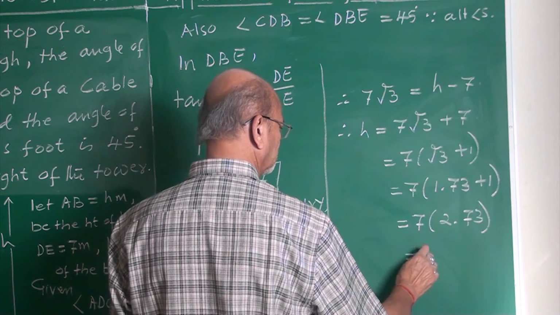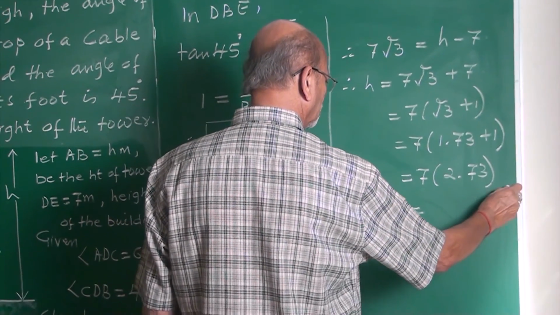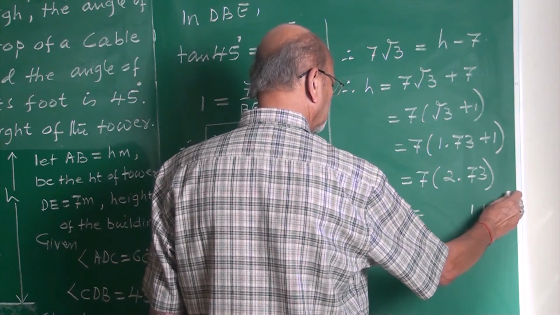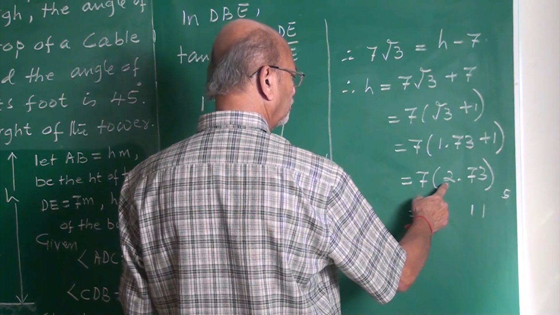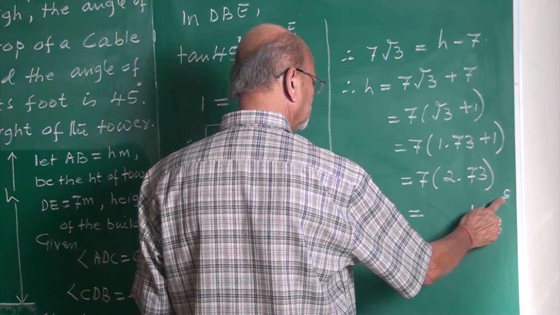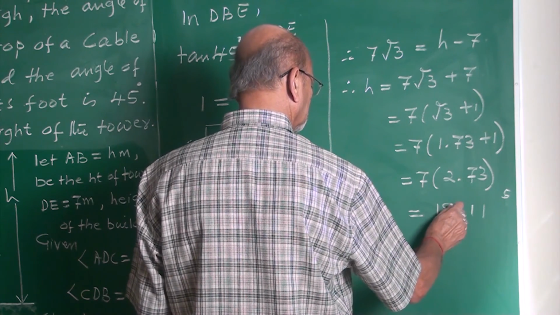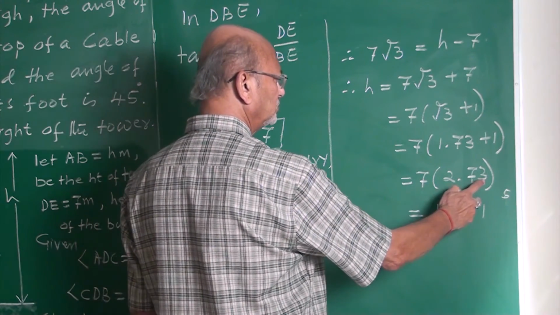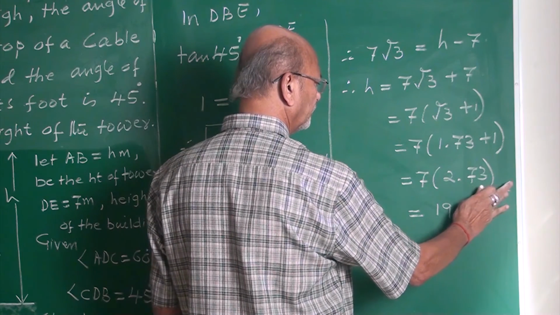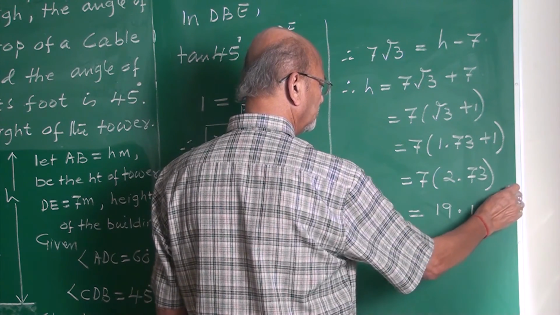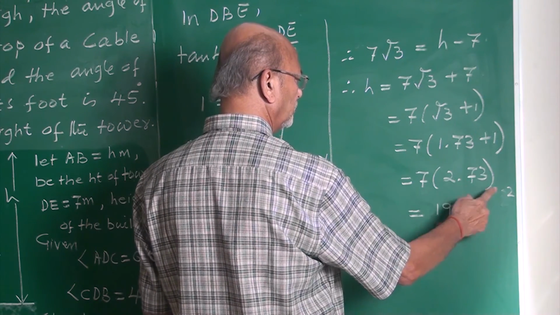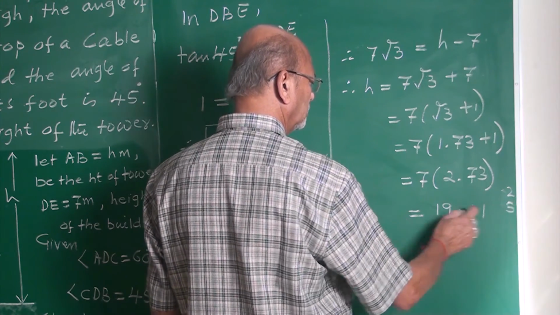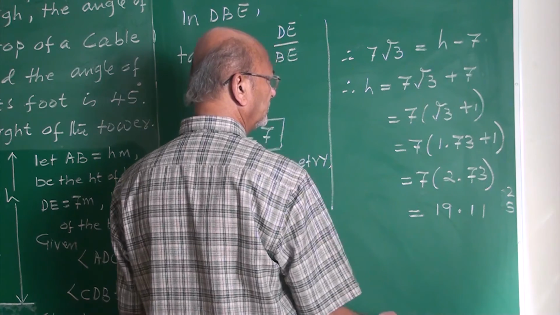Simplify it. 7 into 3 is 21, 7 into 7 is 49 plus 2 is 51, 7 into 2 is 14 plus 5 is 19.